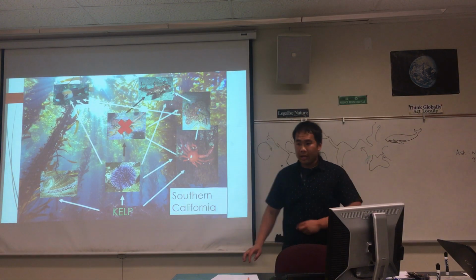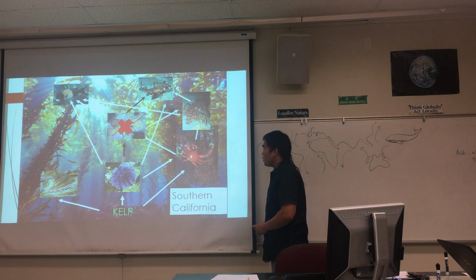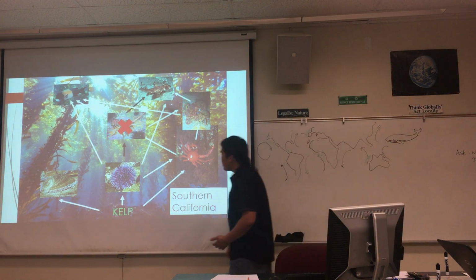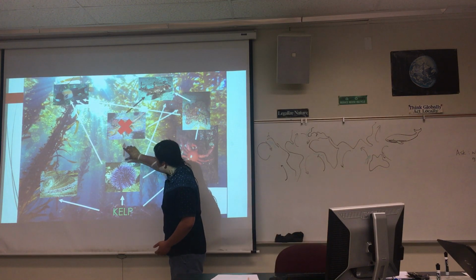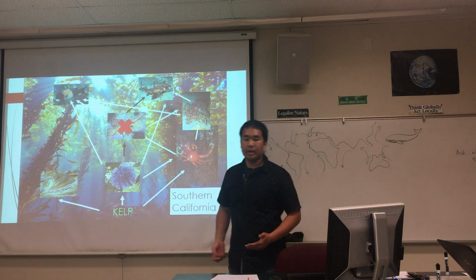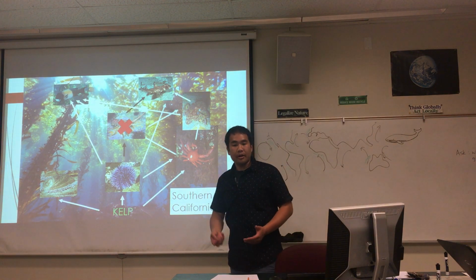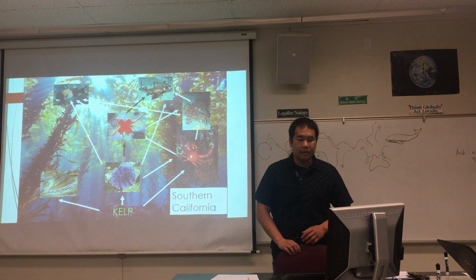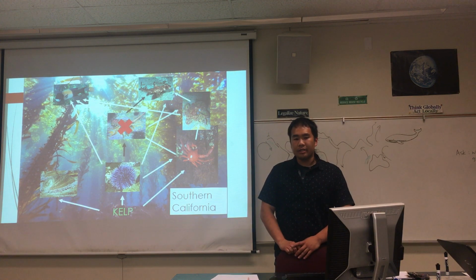Like I said, let's take away the spiny lobster. We take away the spiny lobster, and it's not going to be able to eat the sea urchins anymore. But is the ecosystem going to collapse? Are we going to have an urchin barren? Are the sea urchins going to exhibit some prey release?